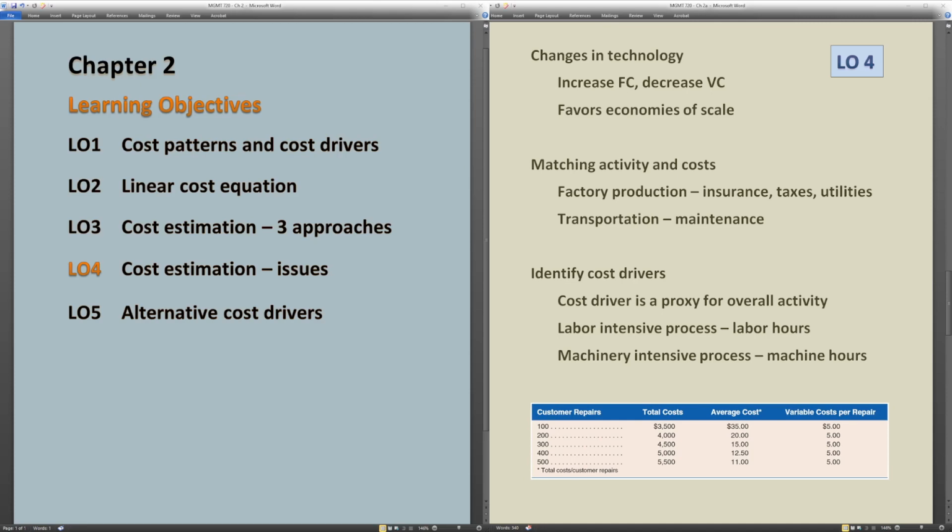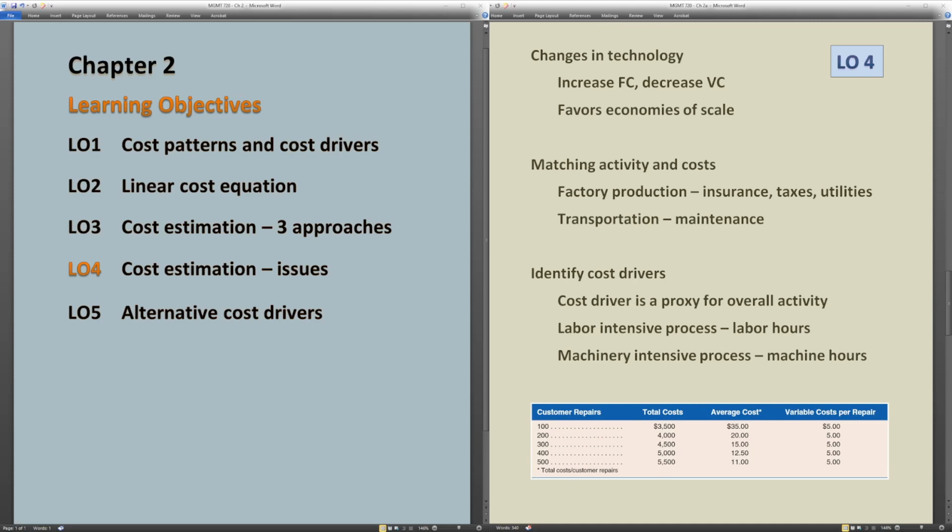So, for example, if you've got a labor-intensive process, perhaps you want to pick labor hours, because you figure as labor goes up, probably all the other costs are going to go up alongside of it. If you've got a machine-intensive process, then how many hours you've run the machines may be a better cost driver, maybe a better activity, maybe something better to put along the x-axis as your prediction tool.